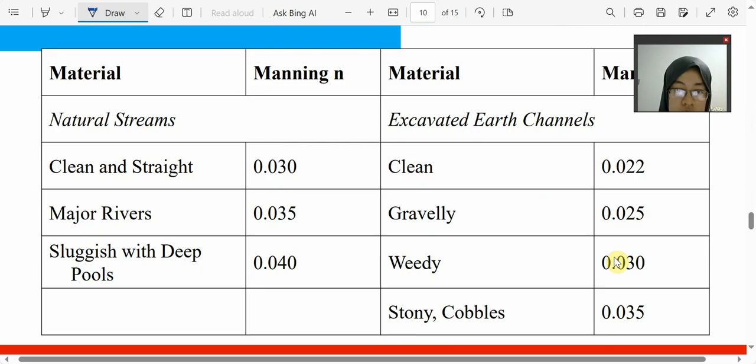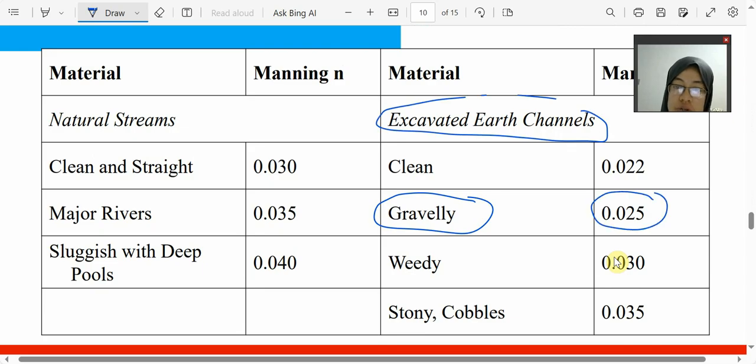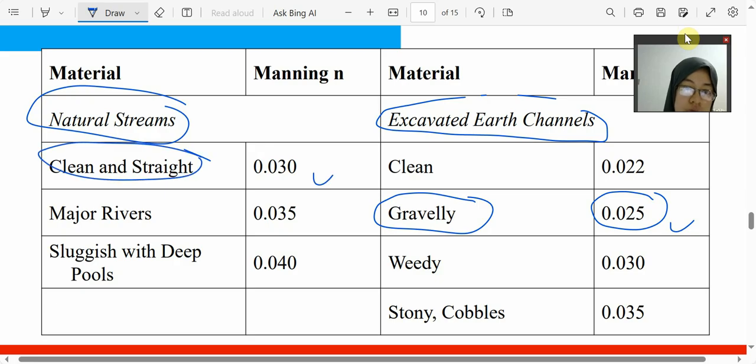If it's gravelly, for example, or excavated earth channels, we can use this Manning number. For natural streams that are clean and straight, we can use this Manning number.